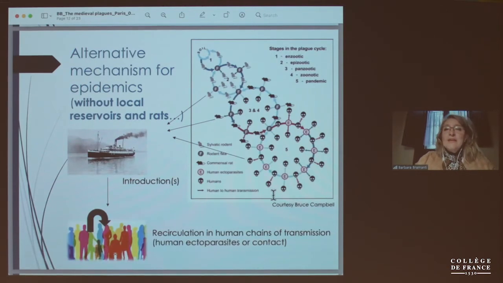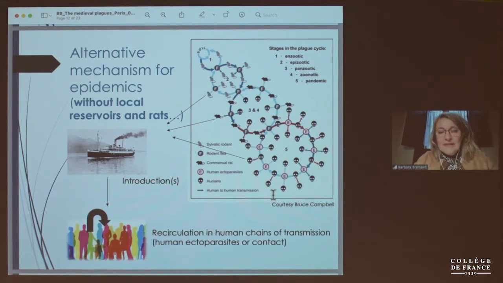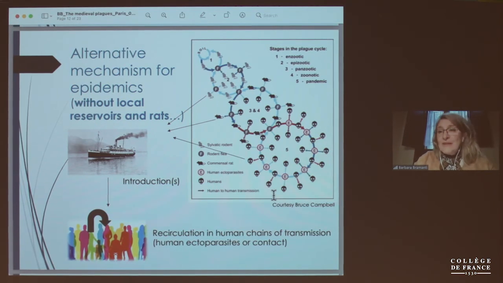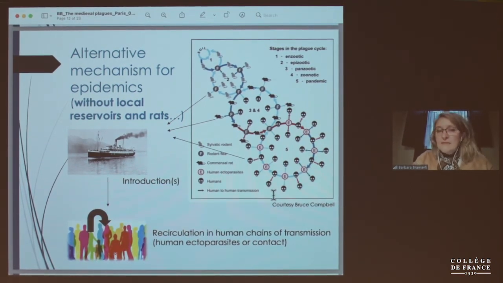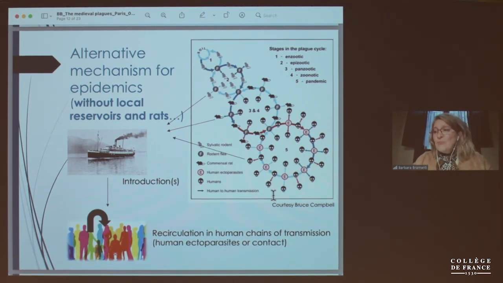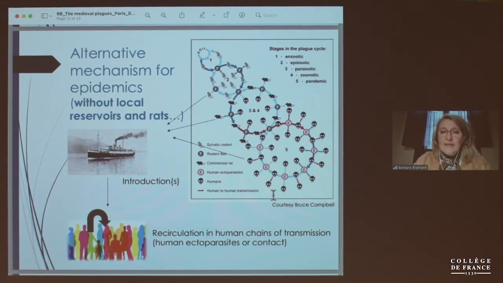Then we can also propose an alternative mechanism for the transmission and for the epidemics, which doesn't need the presence of local reservoir and of rats. Rats can be present at the beginning, but they are not necessary for the sustaining of plague.